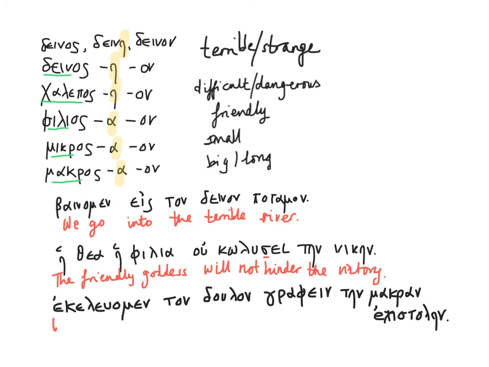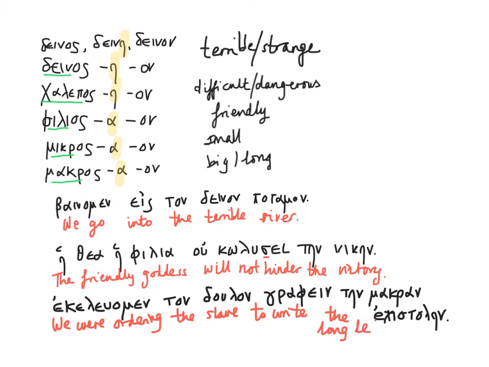And that means we were ordering. I've used the imperfect tense there. Ton doulon, the slave. Graphein, to write, an infinitive. Ten makran epistolen, the long letter.